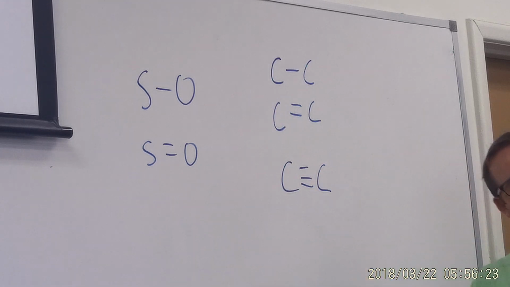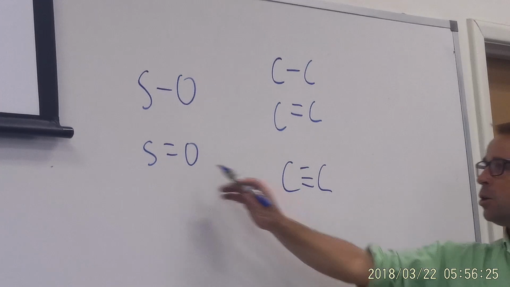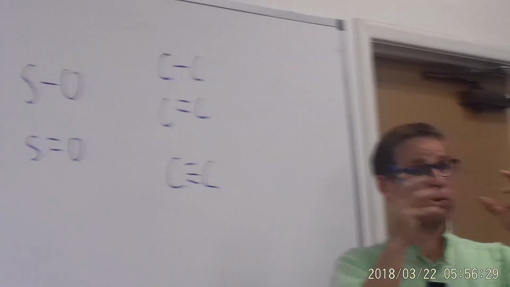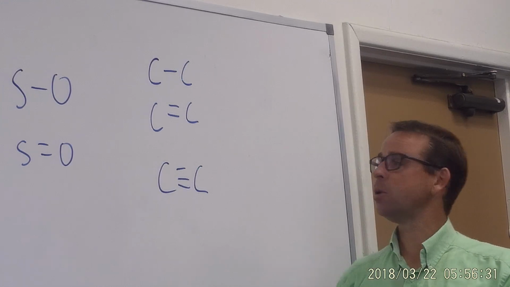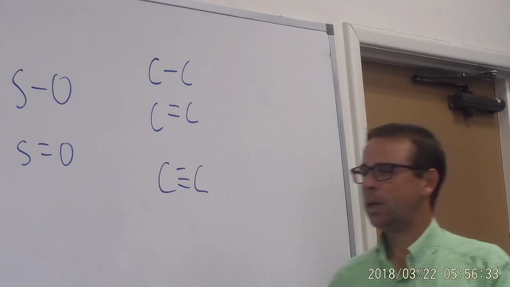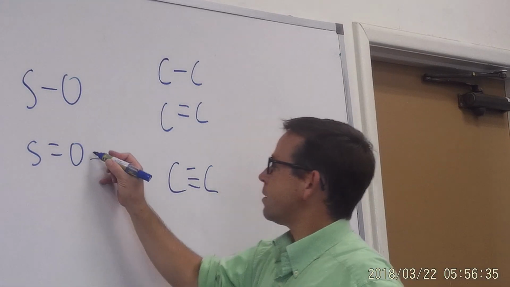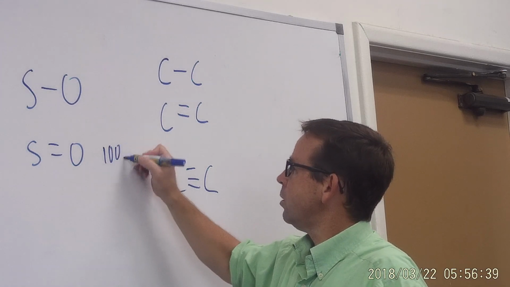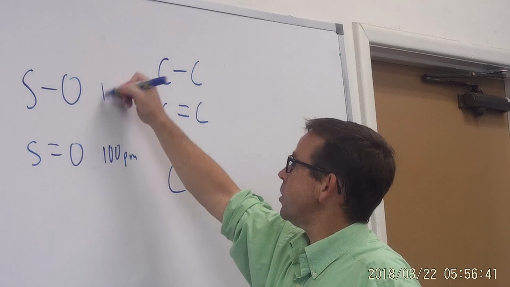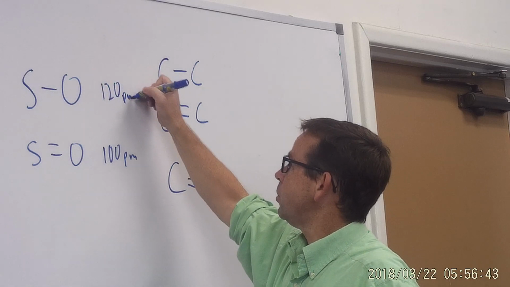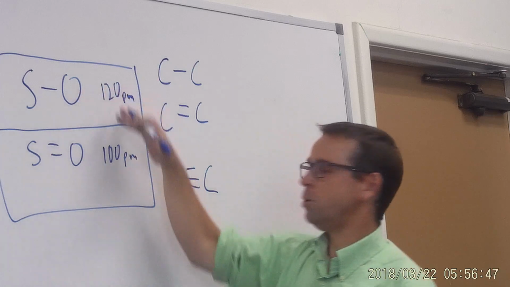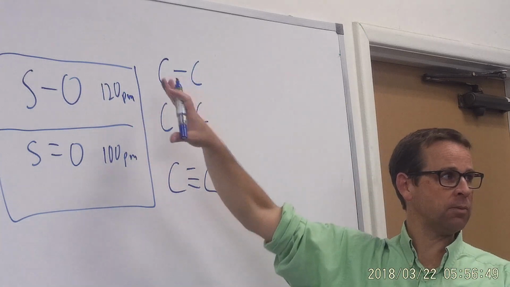And that should be a little bit intuitive to us because here we have more electron density being shared. So the increase in sharing allows those atoms to come closer together. If we said that the length of this sulfur-oxygen bond here is 100 picometers and the length of this one is 120 picometers, okay? So I'm just providing you a little key here showing you the length of these bonds.